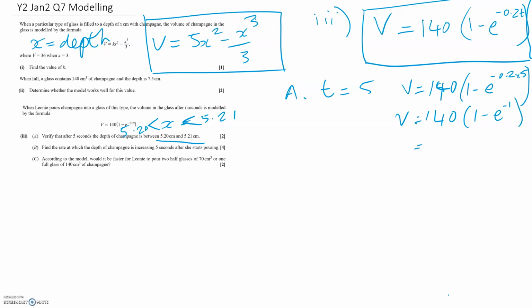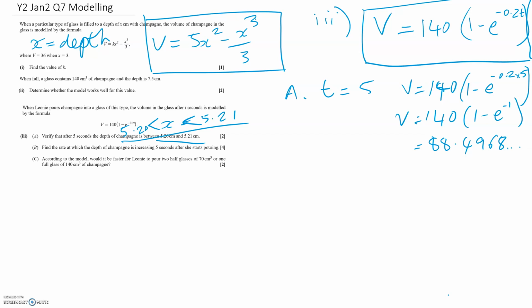And typing that into a calculator will give us 88.4968 and so on. Best to leave that exact on your calculator because it's actually x that we need to find.